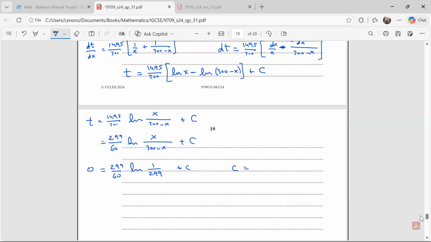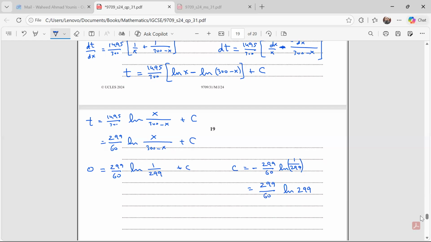So from here you can see that c is equal to, if I take everything on the other side, negative 299 over 60 into log of 1 over 299. Remember this negative will make it opposite, so it will become 299 over 60 into log of 299. So this is my constant c.